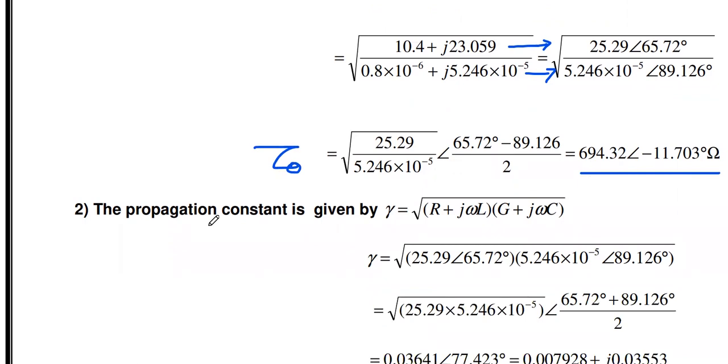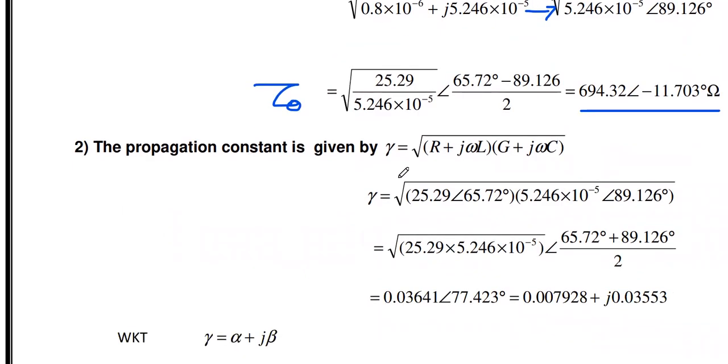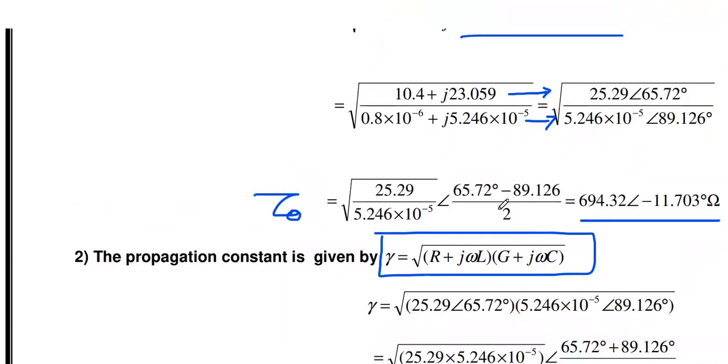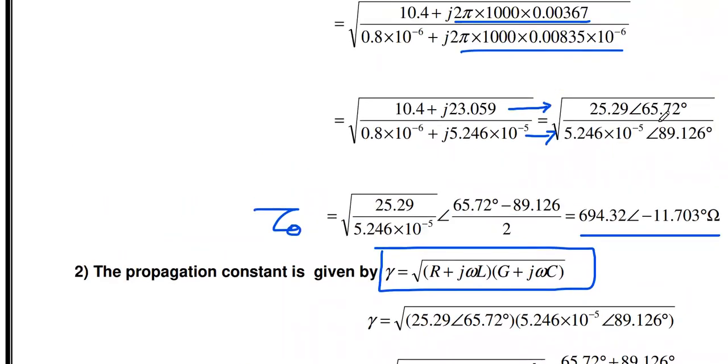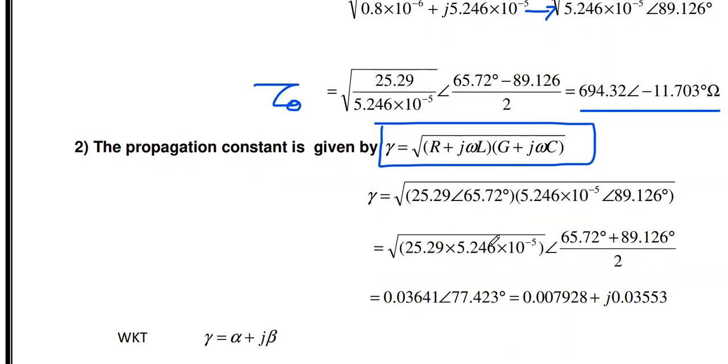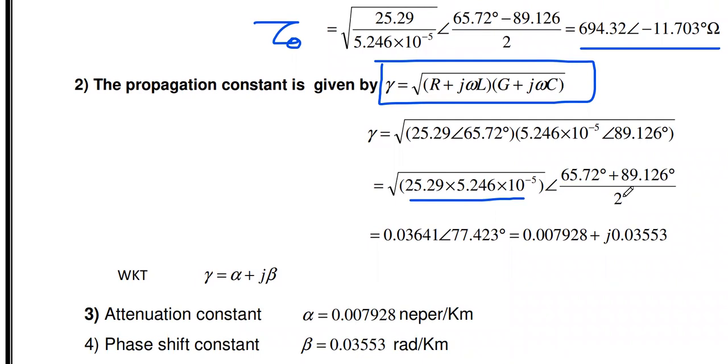Then the next one, the propagation constant. You know the formula, the propagation constant is square root of R plus j omega L into G plus j omega C. Similarly here, the R plus j omega L value we already calculated, and this is the G plus j omega C. You simply substitute, then the magnitude part you multiply, the angle part you add and divide.